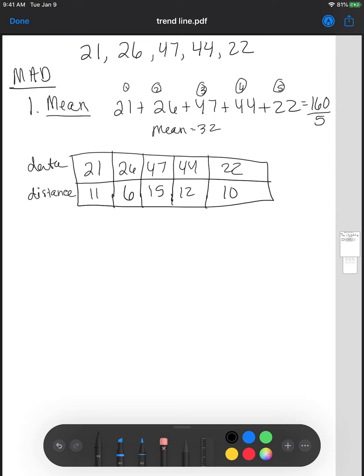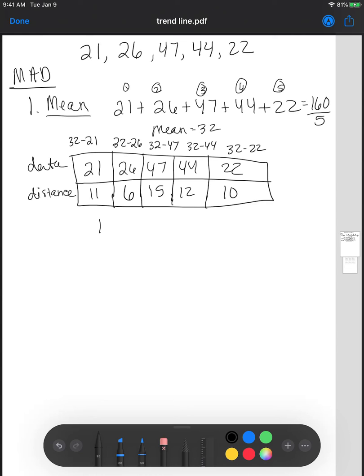All I'm doing is subtracting: 32 minus 21, 32 minus 26, 32 minus 47, 32 minus 44, and 32 minus 22. I drop the negatives and leave them like this.